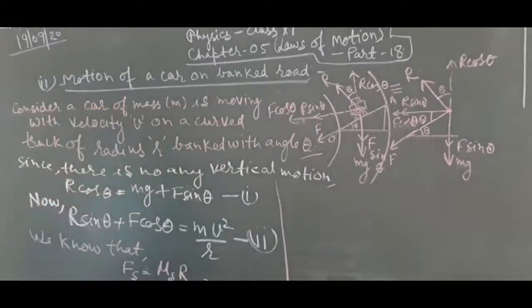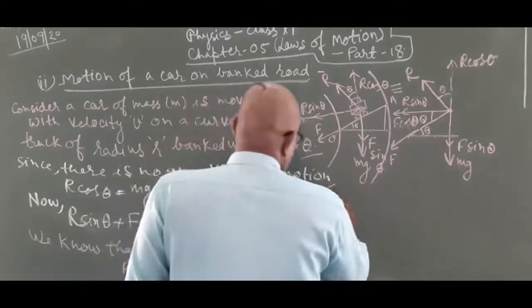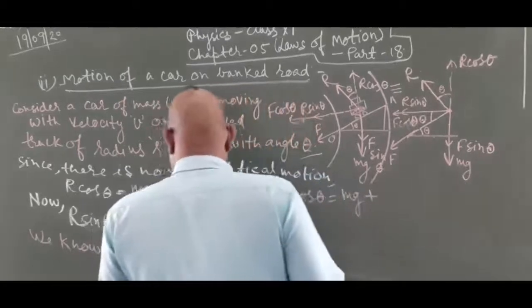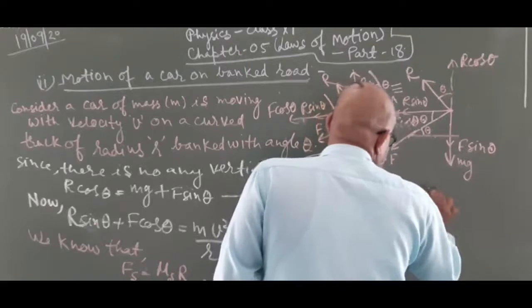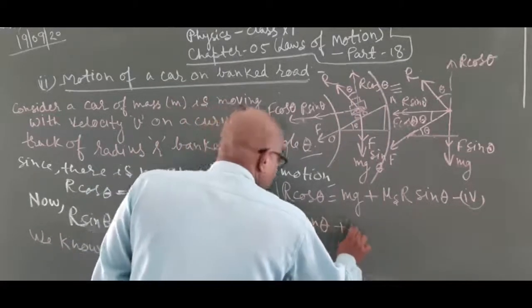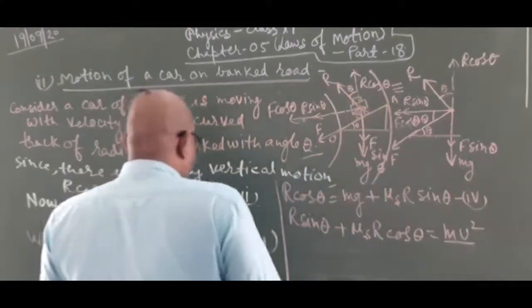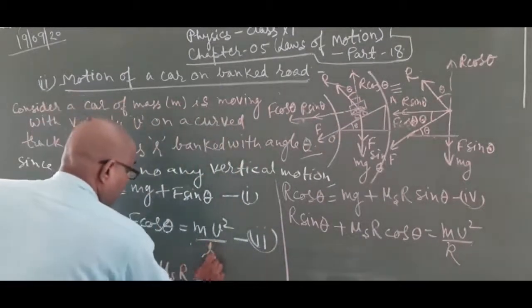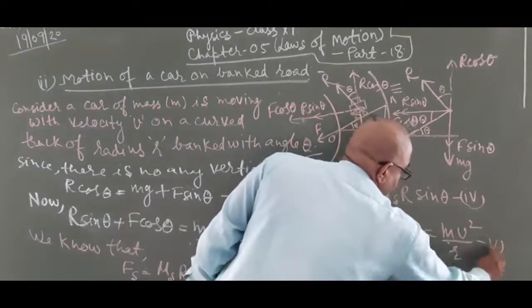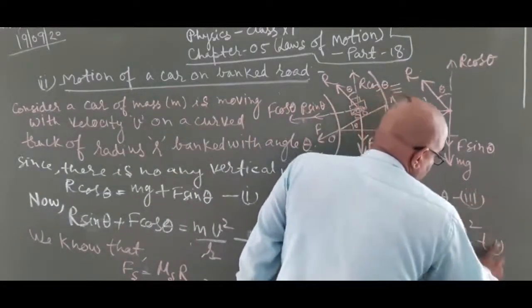So putting the value of friction, F equals mu s R, in equations 1 and 2: R cos theta is equal to mg plus mu s R sin theta, and R sin theta plus mu s R cos theta is equal to mv square upon R. This is equation 2, this is equation 3, and this is equation 4.